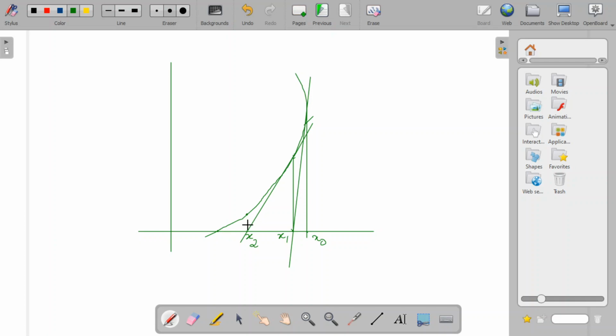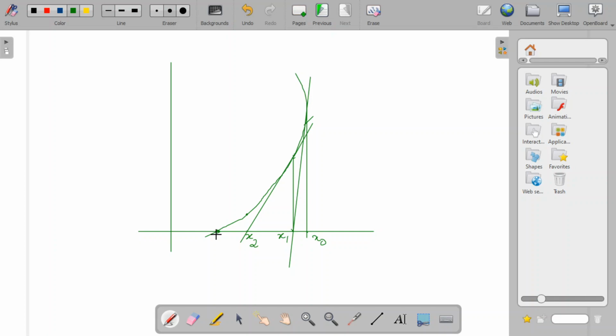Now we can see that as we move on finding newer values, they become closer to our exact solution, which is at this particular point. So this is how the Newton Raphson method basically works. We assume a guessed point, then at the point of the function you draw a tangent.